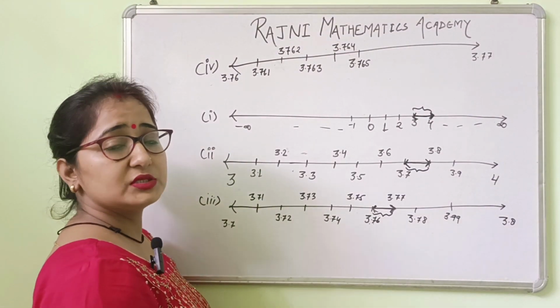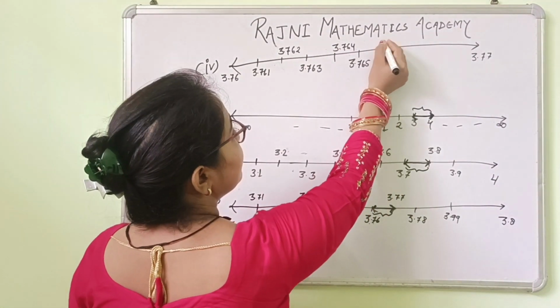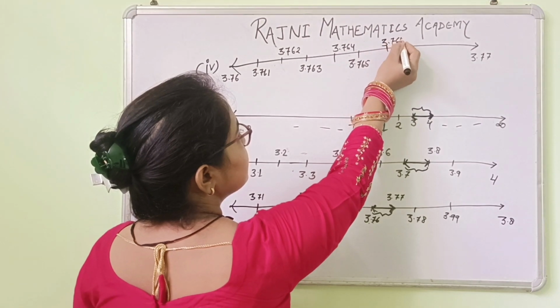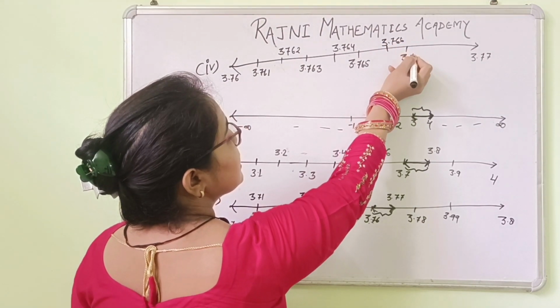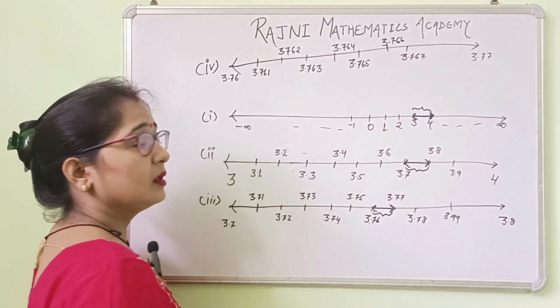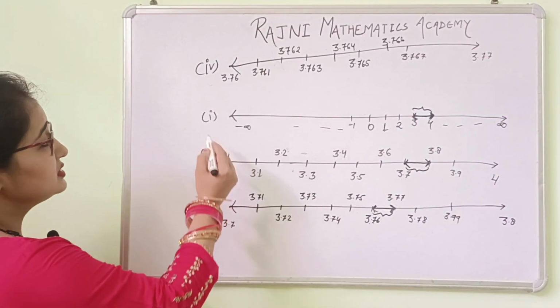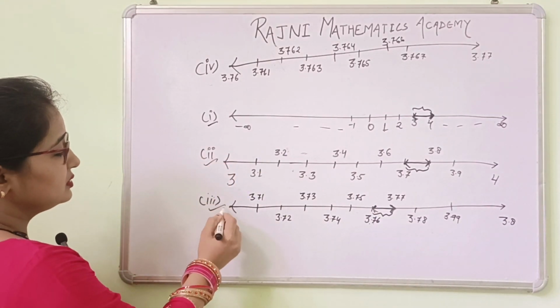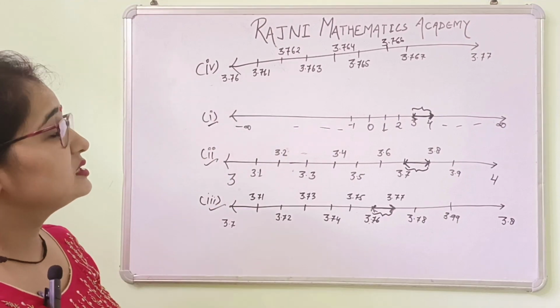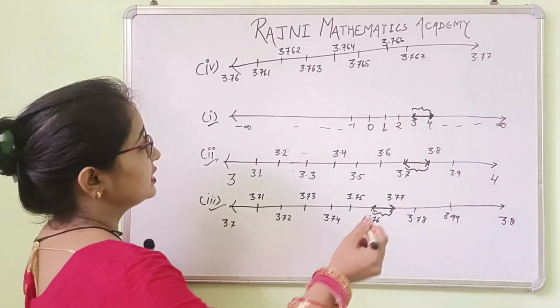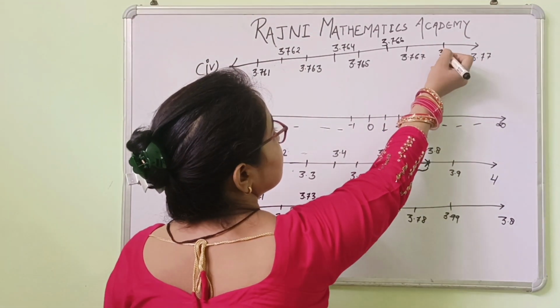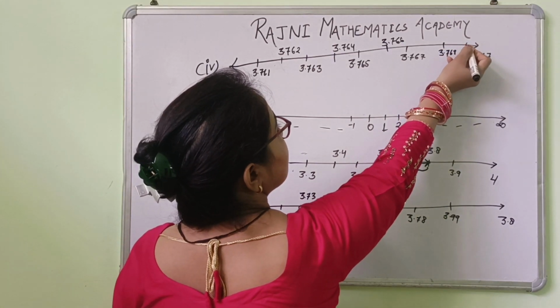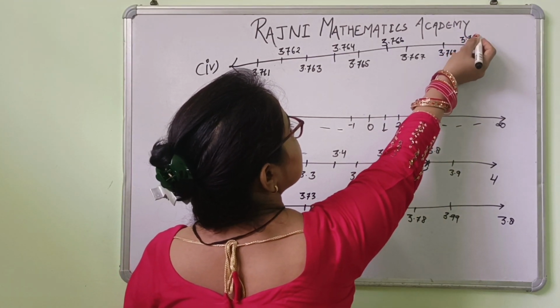Understood? Now 3.766 and this will be 3.767. This is the first step, second step, this is the third step, and this is the fourth step, and 3.768 and this will be 3.769.